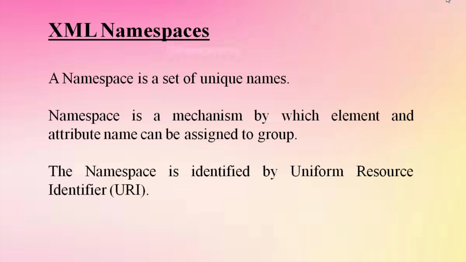A namespace is a set of unique names. Namespace is a mechanism by which element and attribute names can be assigned to a group. Namespaces provide a mechanism to uniquely distinguish the names used in XML documents.